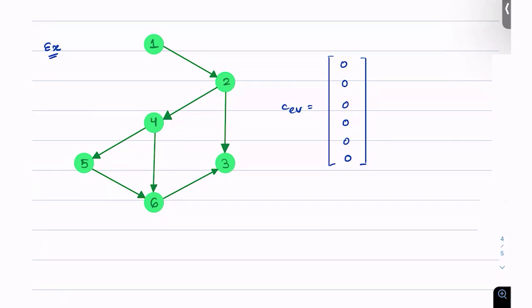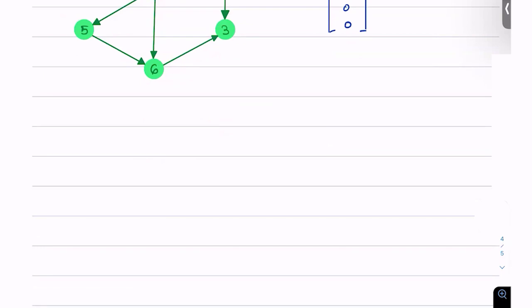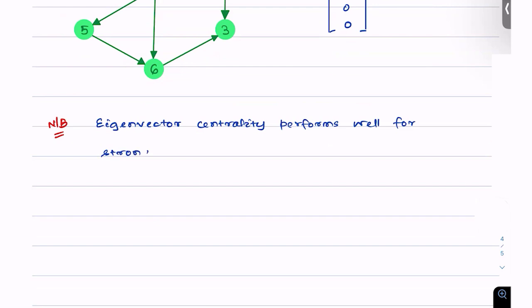Let us write this observation. Eigenvector centrality performs well for generally strongly connected networks, strongly connected digraphs.